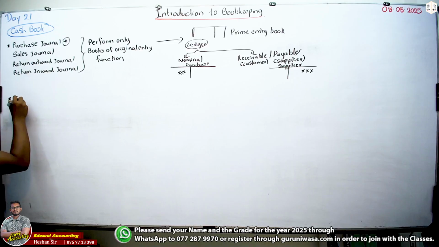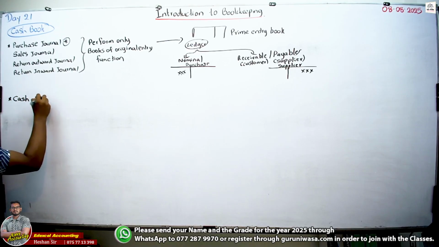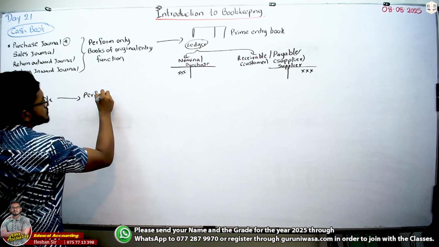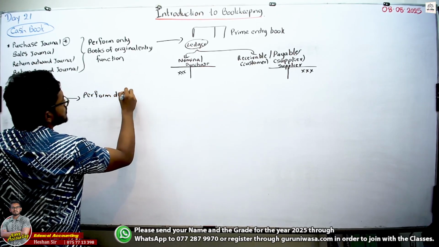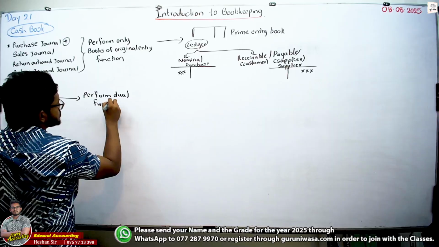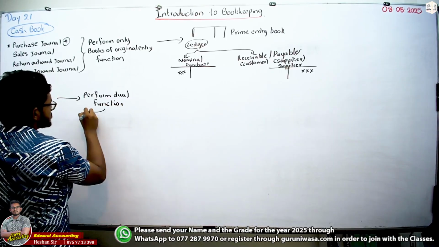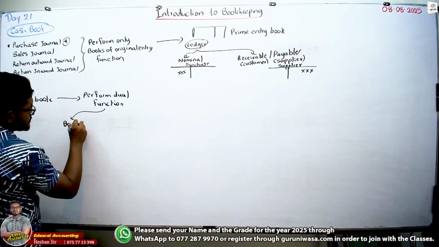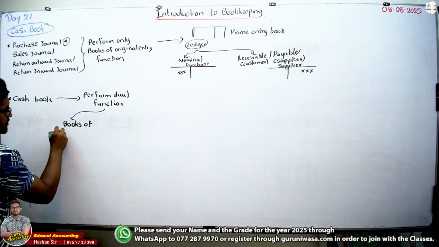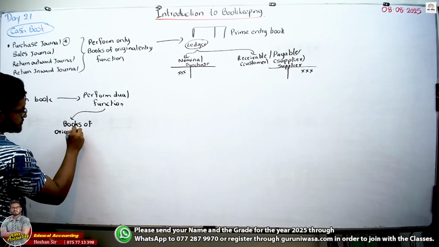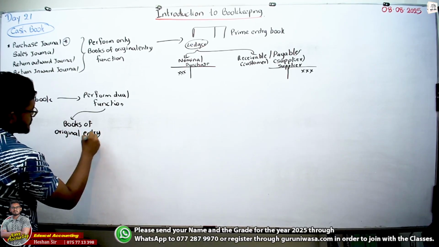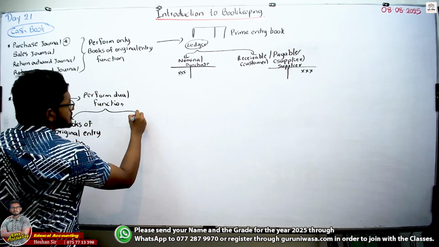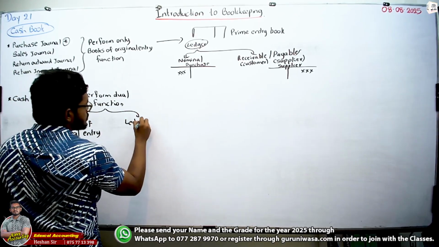When it comes to the cash book, it performs a dual function. Dual function means the books of original entry function, which means primary book function, and the ledger account function.